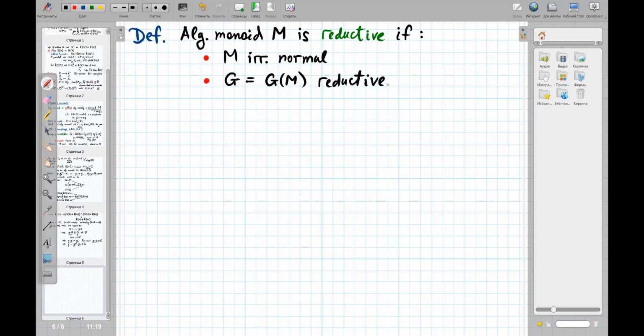So reductive algebraic monoids are a natural extension of reductive algebraic groups, or connected reductive algebraic groups.